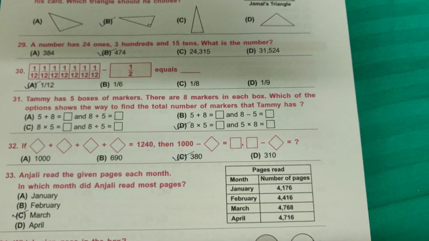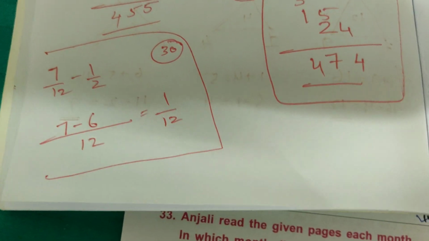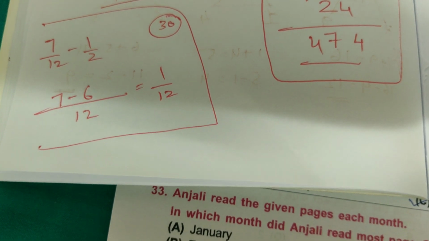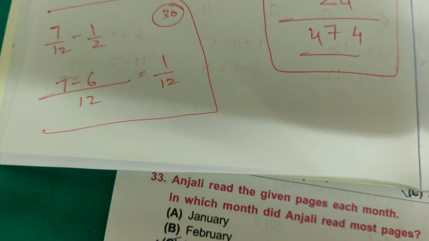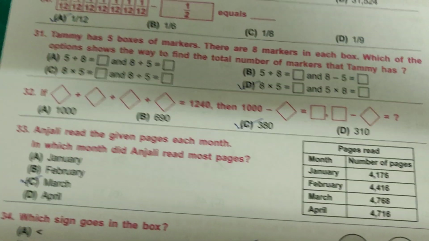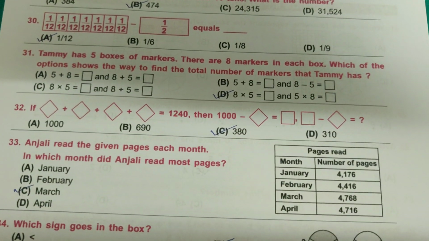So we write 7 by 12 minus 1 by 2. When we solve it, we get 1 by 12 as the answer. So the answer is A-bit 1 by 12.